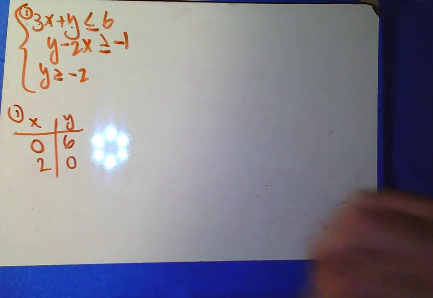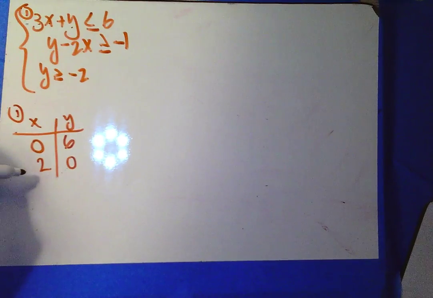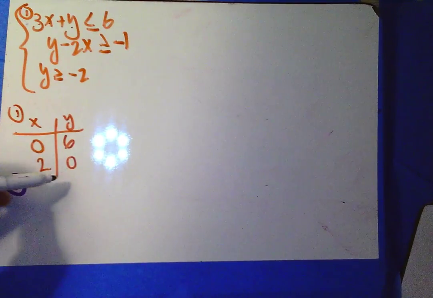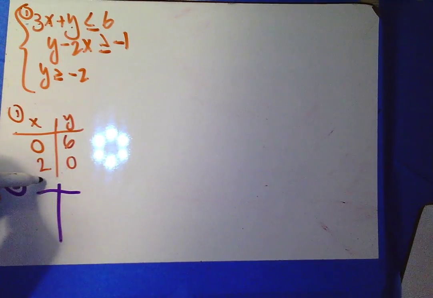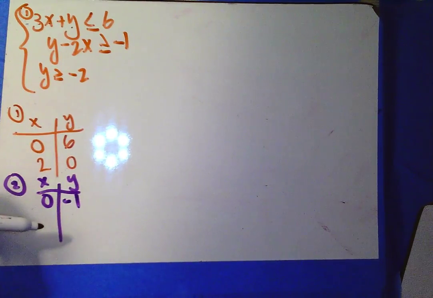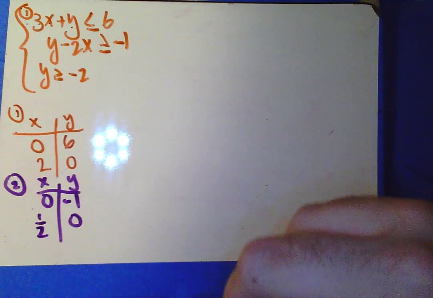So we've got some intercepts for the first inequality. What about the second inequality? Well, if I do the same process, plugging in a 0 for x, I get y equals negative 1. And if I plug a 0 in for y, negative 2x equals negative 1, so x equals 1/2.